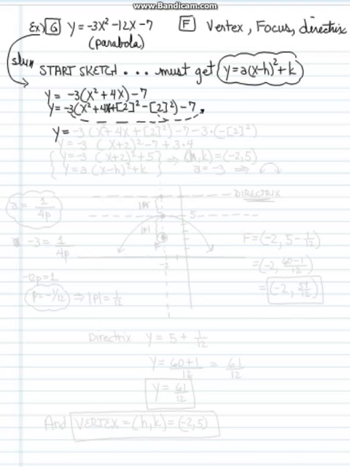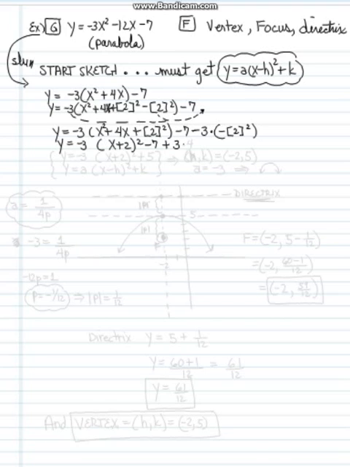So we have y equals negative 3 times x squared plus 4x plus 2 squared, close parenthesis, and there's that minus 7, and then the negative 3. We have the factor in the front times the negative 2 squared. So we have y equals negative 3 times x plus 2 squared minus 7.